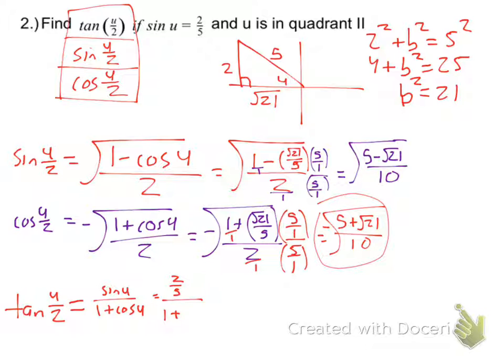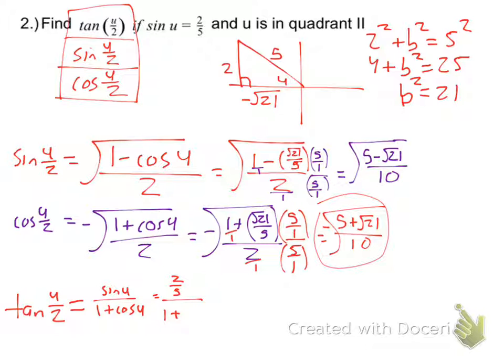Cosine of u should be negative. Did we even take any of that into account? Even the first one, we did it that way, but should we have taken it into account? Shouldn't that be a negative square root of 21, because it went backwards? I'm going to pause the video and look this up just to make sure. Let us continue with this.